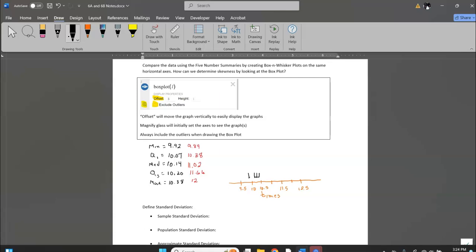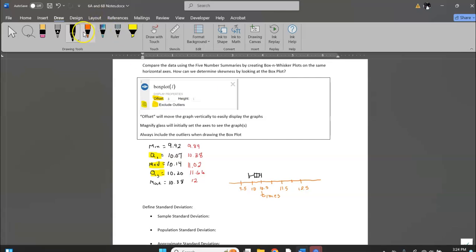This is what makes up the box. So these three values make up your box, and then your whiskers are the minimum and maximum. I really scrunched that in; that should be 10.38.